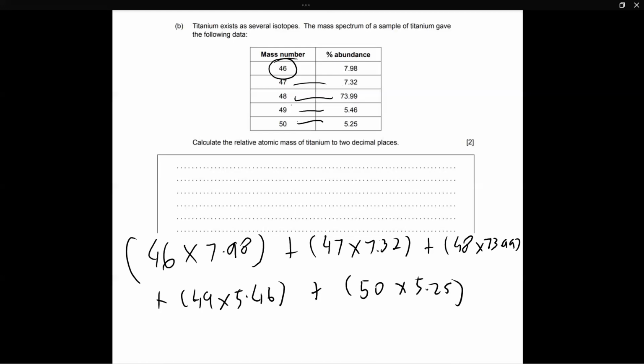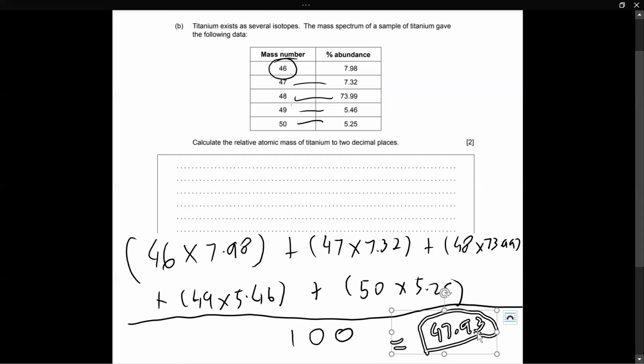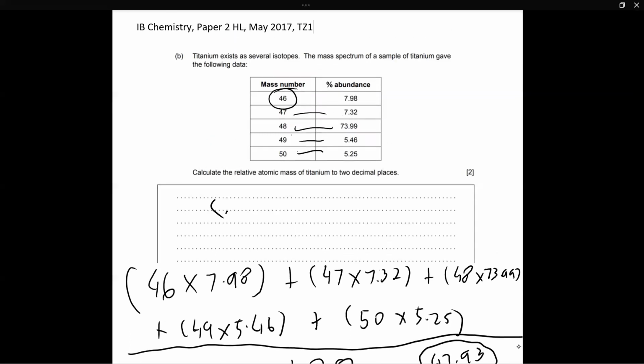And we divide this whole thing by 100. If you put this into a calculator, you will get approximately 47.93. So the answer to this sum is 47.93, and this is the relative atomic mass of titanium. This would be our answer.